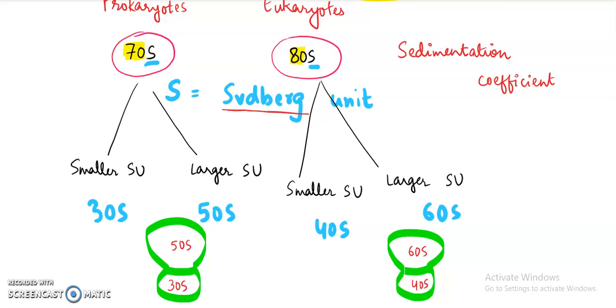Please don't apply the rule that 30 plus 50 is 80, so why has ma'am written 70S here? This rule is not applicable. This is based upon density, how fast they settle down. Based on this, the value has been given. Similarly, here also the 60 plus 40 concept has not been applied. Overall, the smaller and larger subunits should assemble together to make the protein.